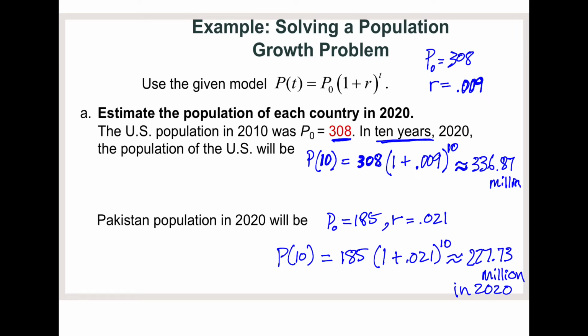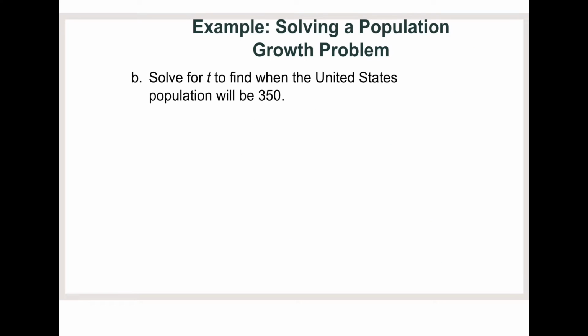Let's go to the second part of this problem now. We want to solve for t to find out when exactly the United States population will be at 350 million. All right, so going back to the function that we had here, P sub t equals P sub 0 times 1 plus r raised to the t.